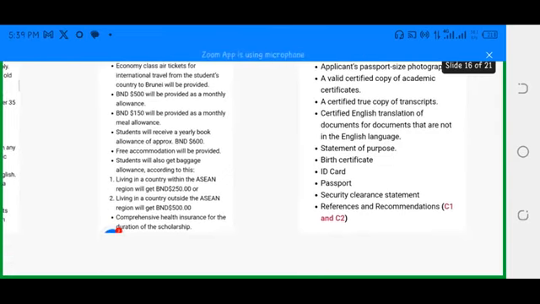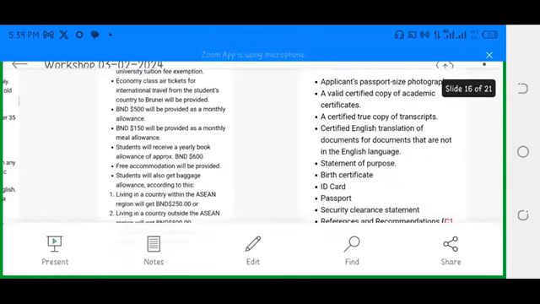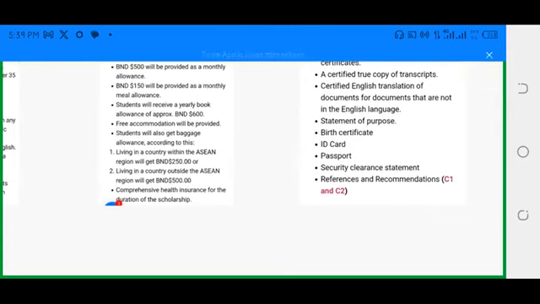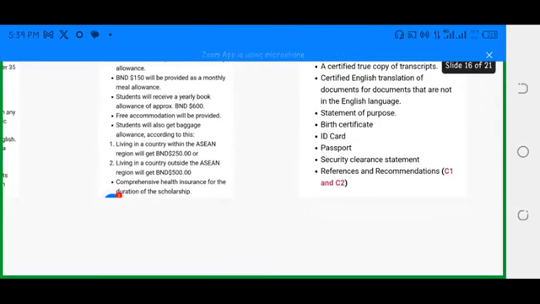You also have to have your ID card, meaning apart from your passport size photograph, you need to present an ID card, which is also compulsory. Then your passport too. Then the security clearance statement. Asian universities usually ask for them, like in China, and this Brunei too.